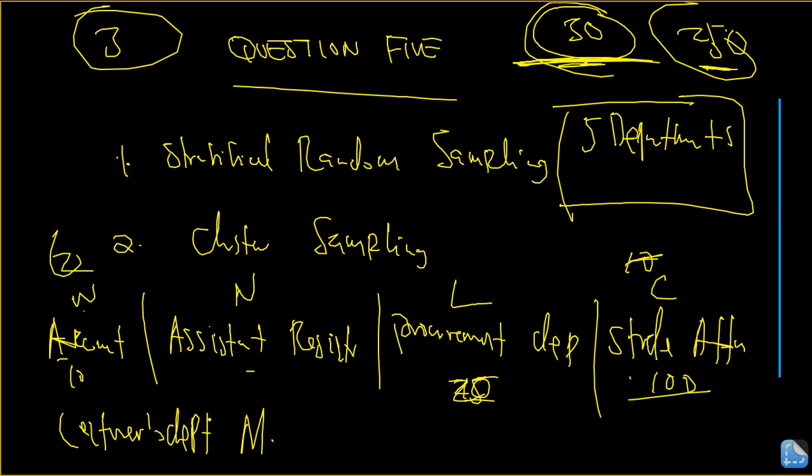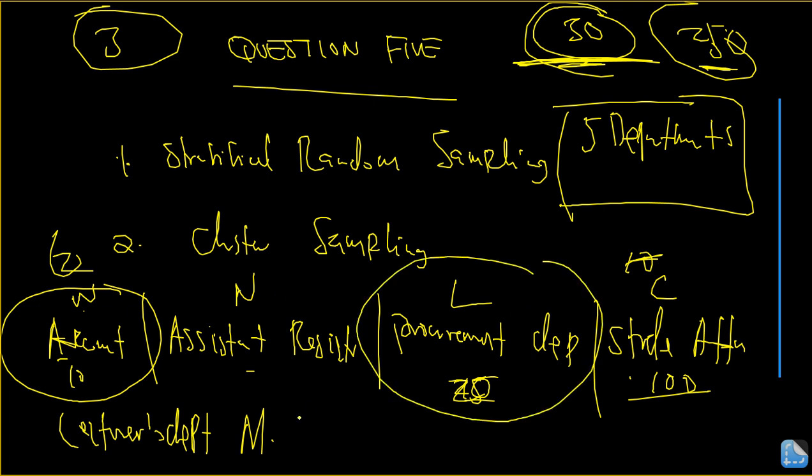Let's say you pick the accounts department, the procurement department, and the lecturers department. Once you pick your 3 departments, you are going to conduct a study on all the employees in those departments. So that is about your cluster sampling.